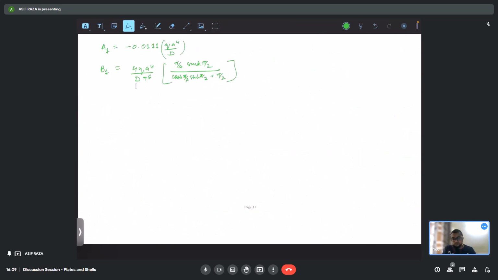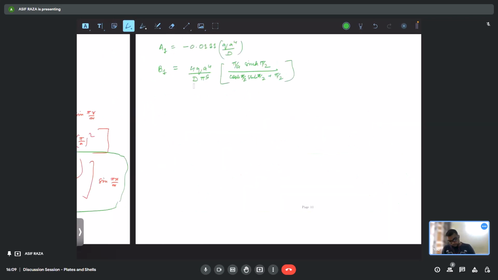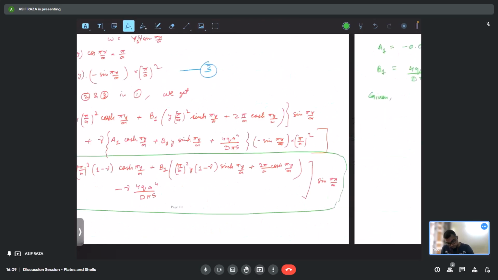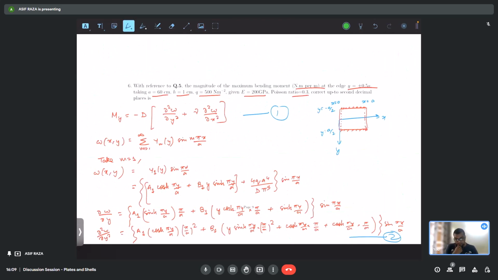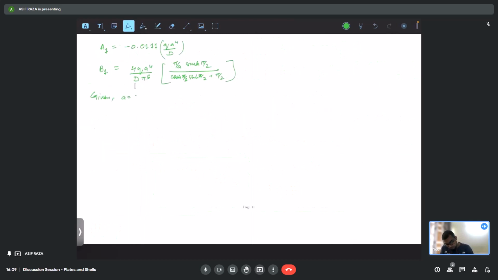So with this we get, okay, so b1 and a1. We are given a equal to 60 centimeter, h equal to 1 centimeter and E equal to 200 gigapascal.